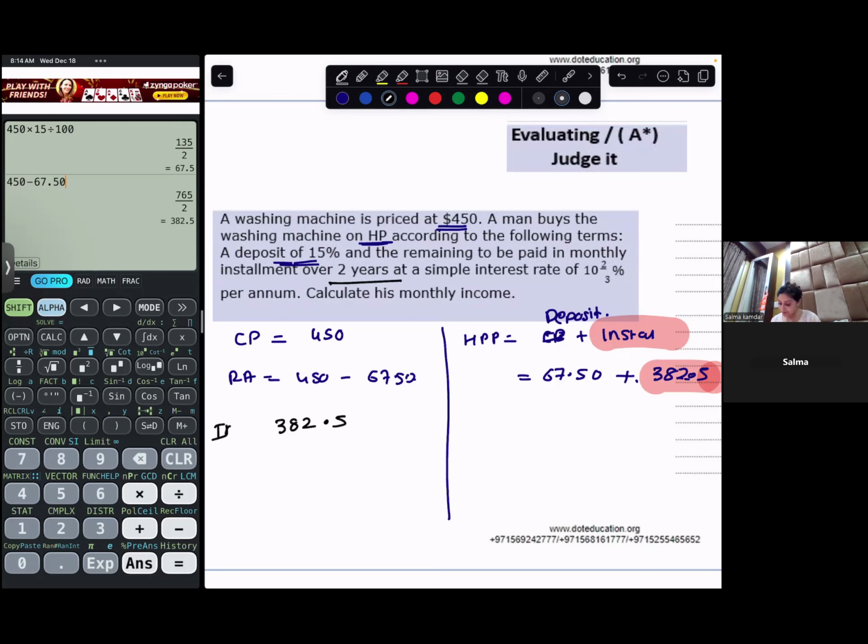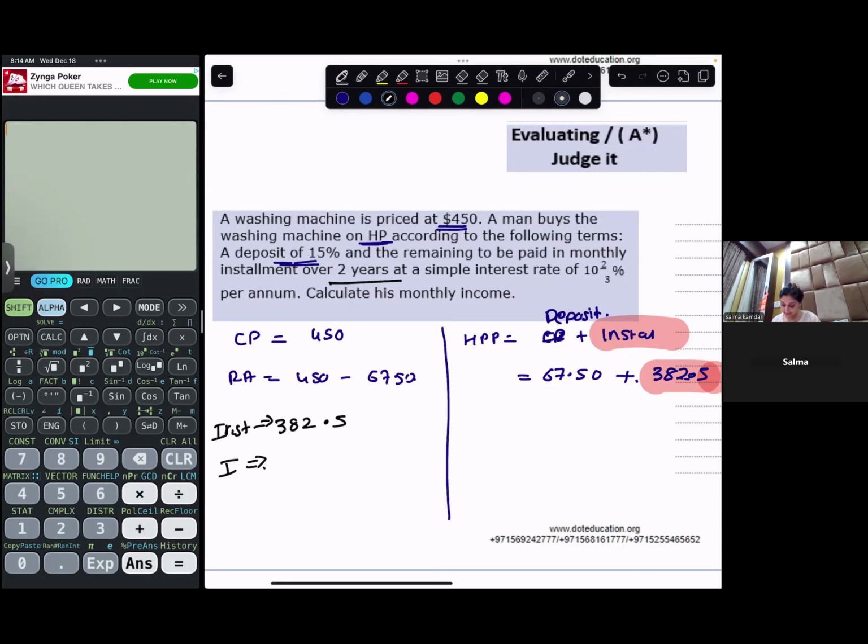So this is the amount of installments that he is going to pay. The simple interest would be 10 2/3%. So you say 10 2/3.